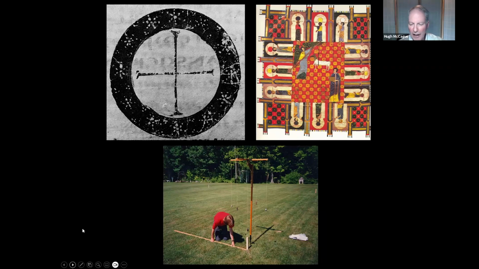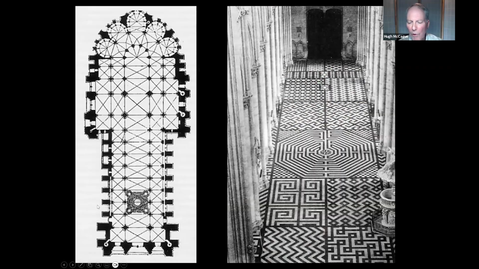Continuing on the idea of orientation, once you've got the direction set, then you can build, and it's very important to have that direction set well. Here I'm showing you Amiens Cathedral with its beautiful nave and its labyrinth design.